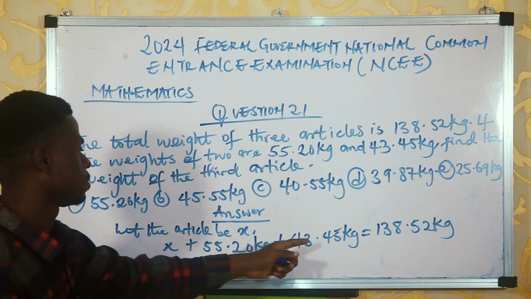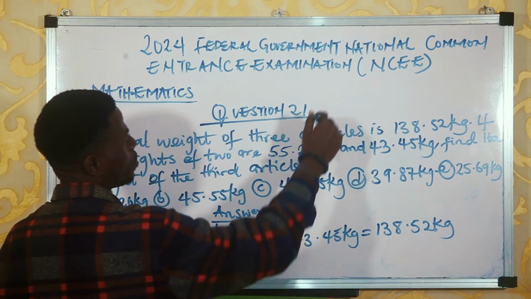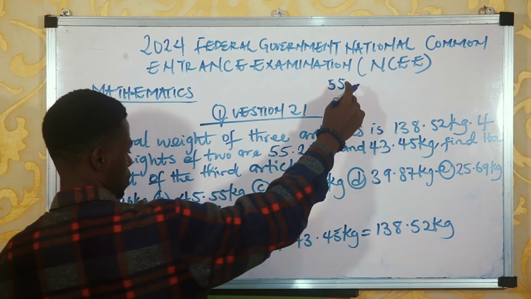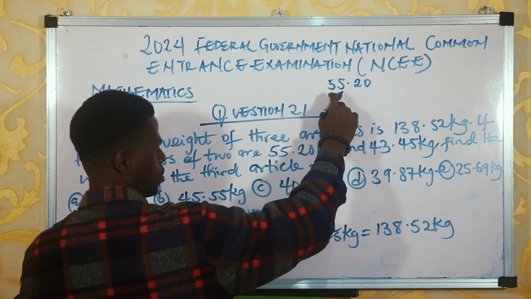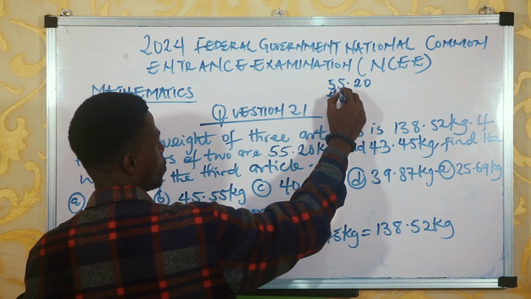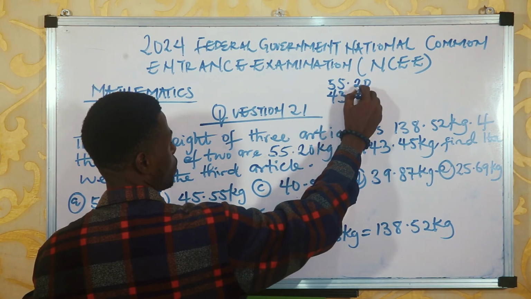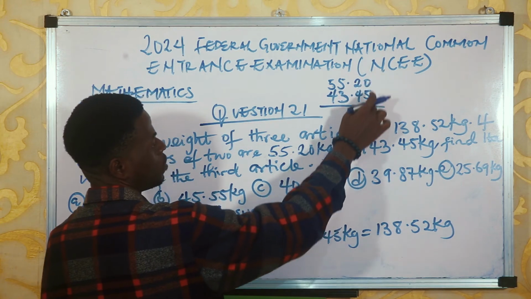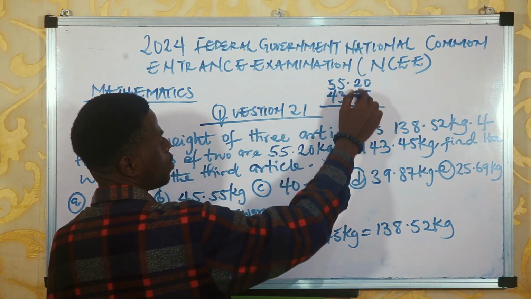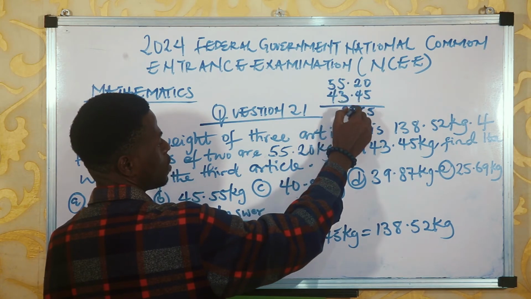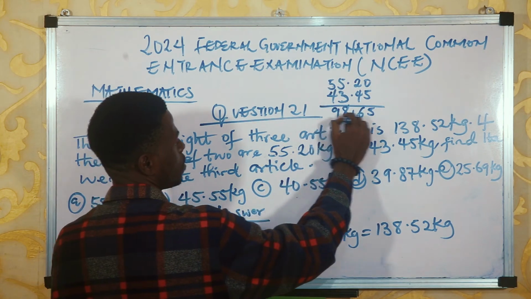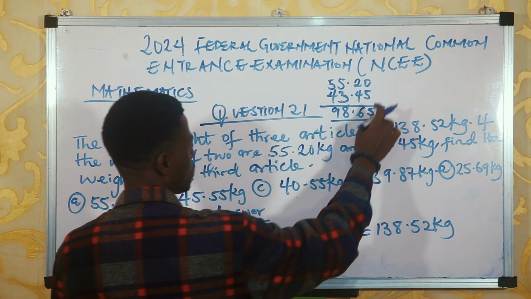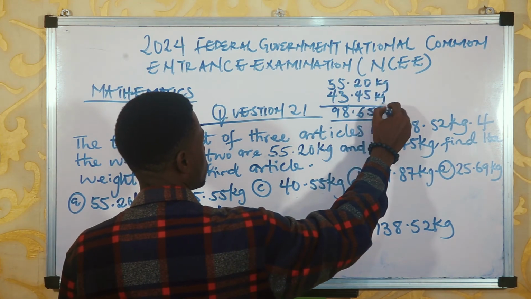So we are going to add these 2 first. 52.20 kilogram plus 43.45. 0 plus 5 is 5. 2 plus 4 is 6. 5 plus 3 is 8. And 5 plus 4 is 9. So we have 95.65 kilogram here. Take note of that.